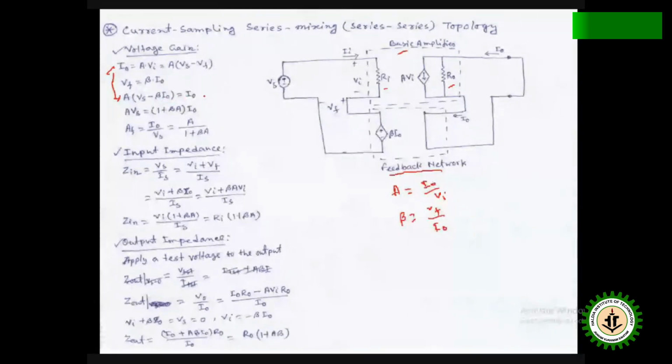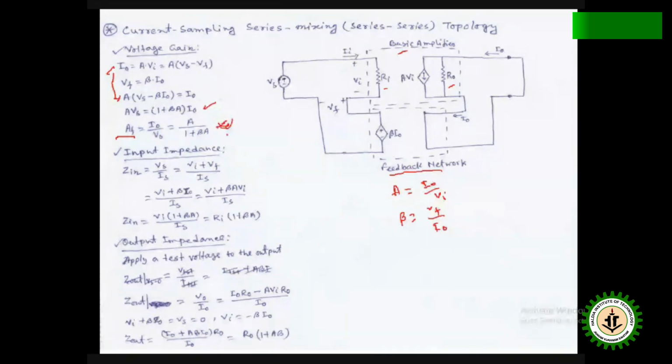So A Vs is equal to (1 plus beta A) I naught. So we find the feedback gain AF is equal to output I naught by input Vs, which is equal to A by 1 plus beta A. Again, this indicates the negative feedback.